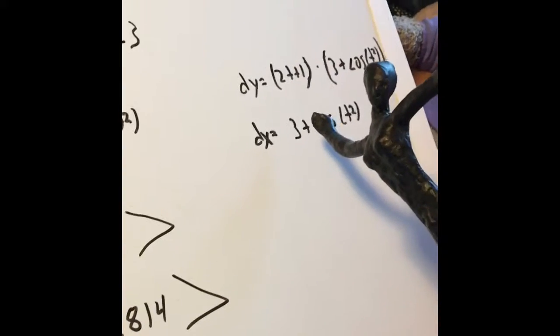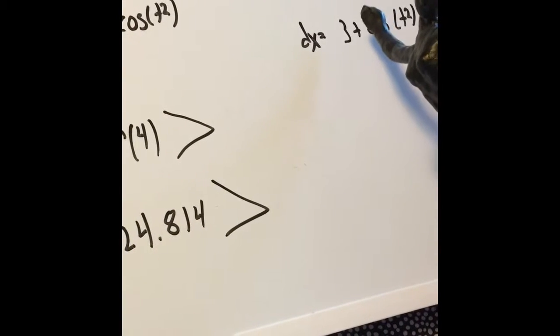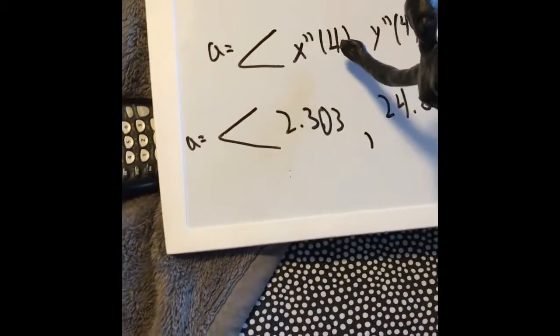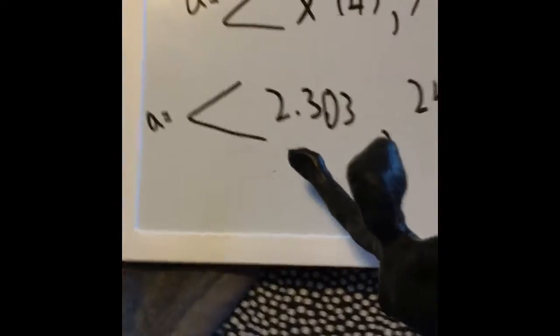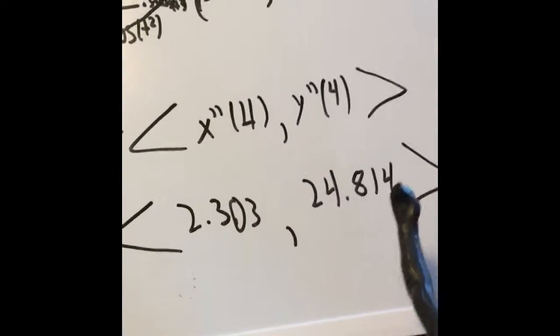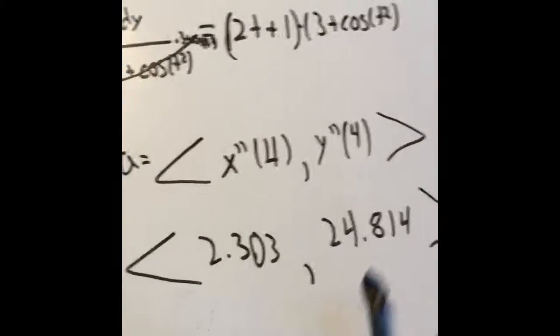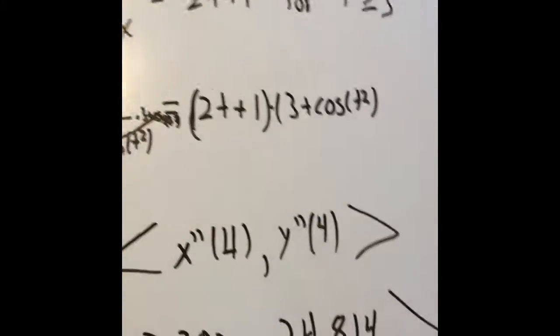Then you plug the equations into your calculator separately and use the derivative feature to find the derivative at t equals 4, and that gives you an acceleration vector of 2.303 for x, and 24.814 for y.